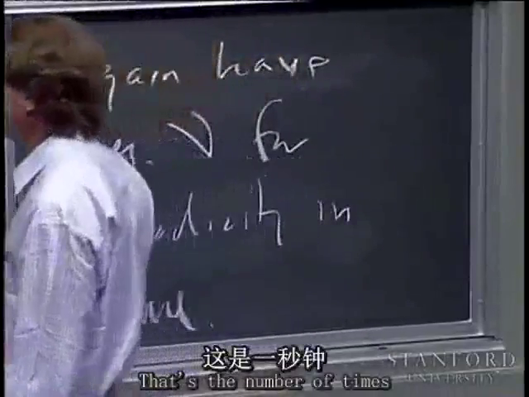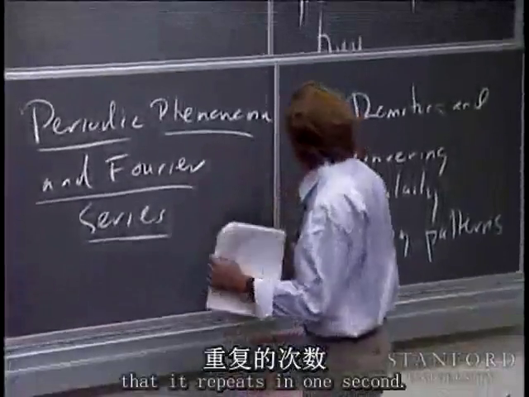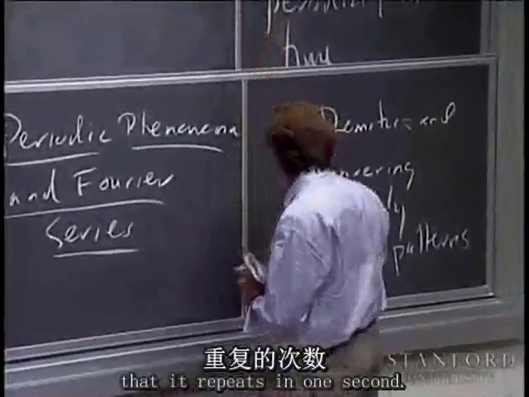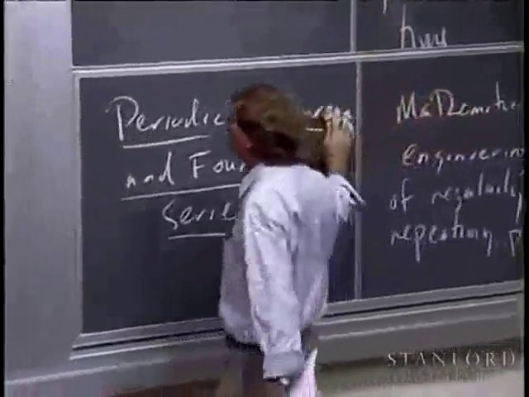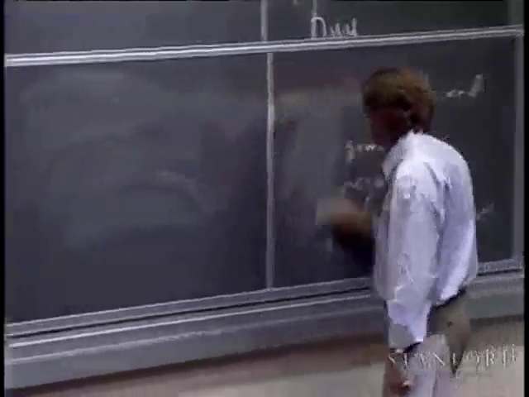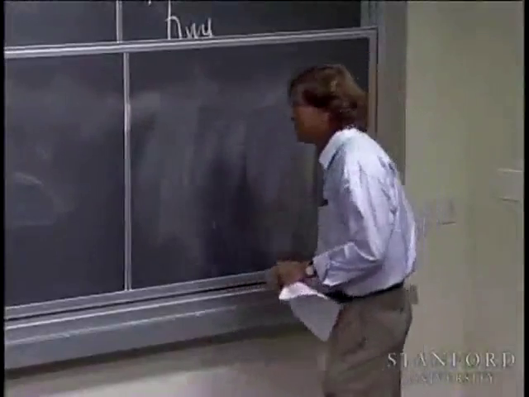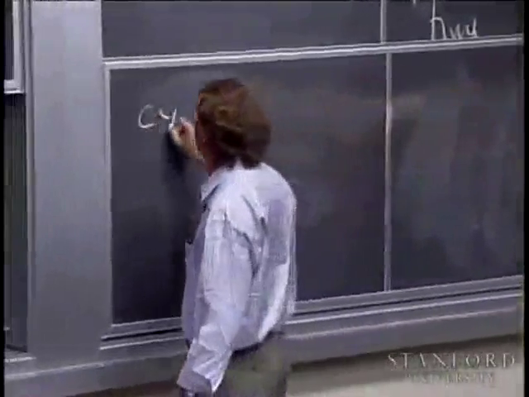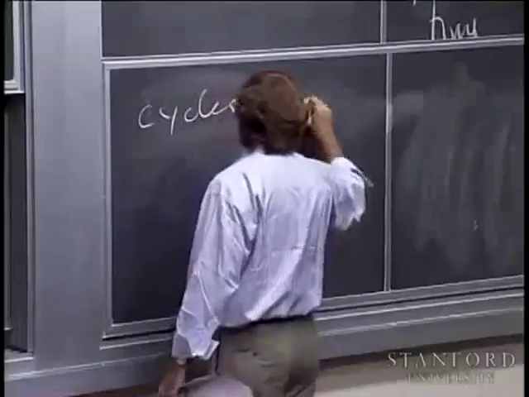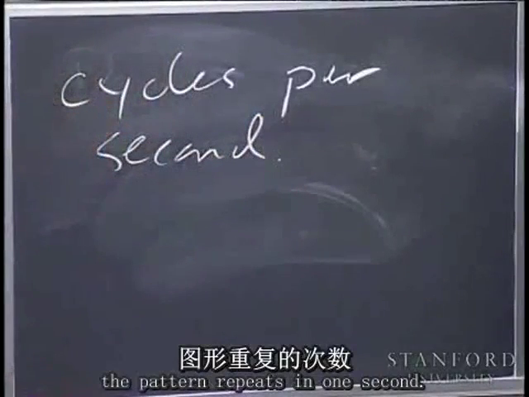That's the number of times it repeats in 1 second. This is cycles per second, the number of times that the pattern repeats in 1 second.